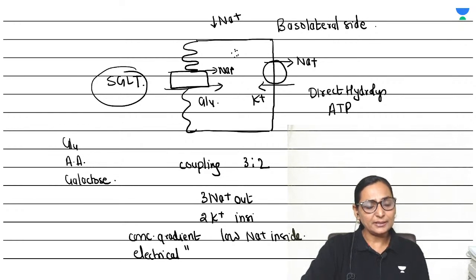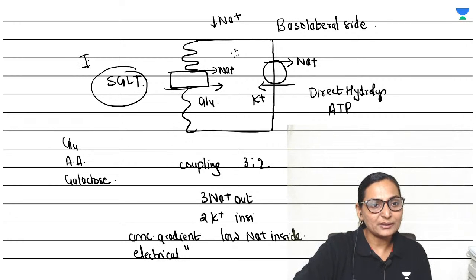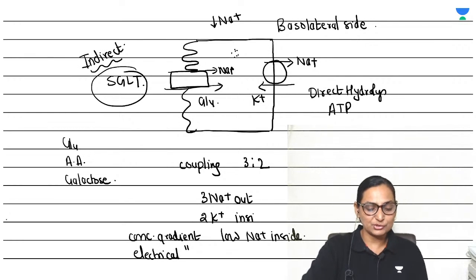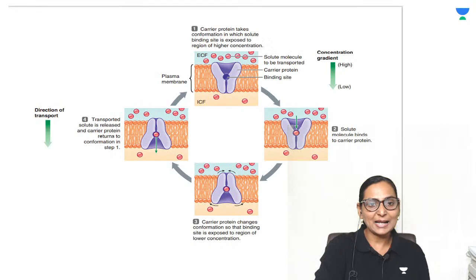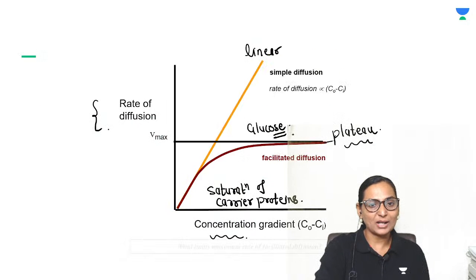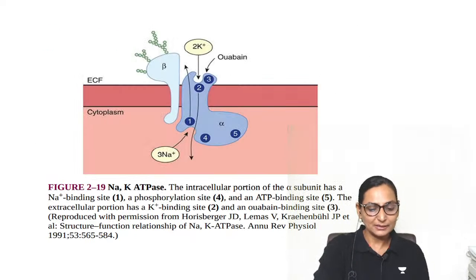That gradient is utilized by the secondary active transport mechanism, and therefore it is said that the secondary active mechanism is using energy indirectly. The main energy is broken down by the primary. So this is the basic difference between primary and secondary active transport mechanisms, right?